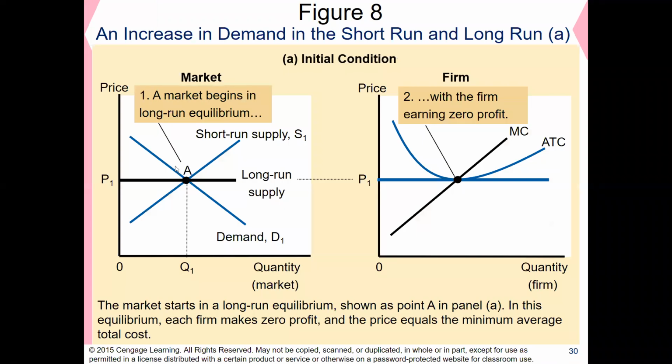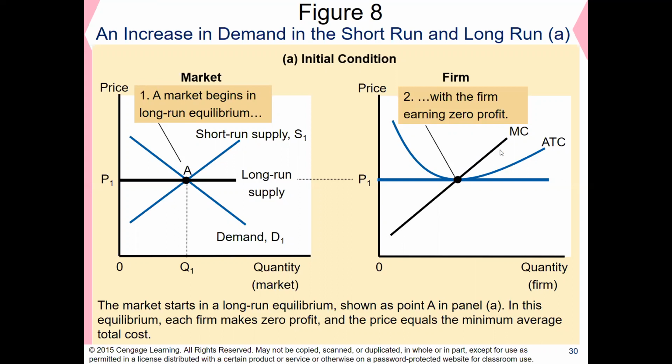As the diagram shows here, you will understand better. This is the case where the market begins in the long run equilibrium. This is the long run supply curve, this is the short run supply curve, and this is the demand. This is where price is equal to the average total cost curve. Okay, here's the case in panel B. You can see it.